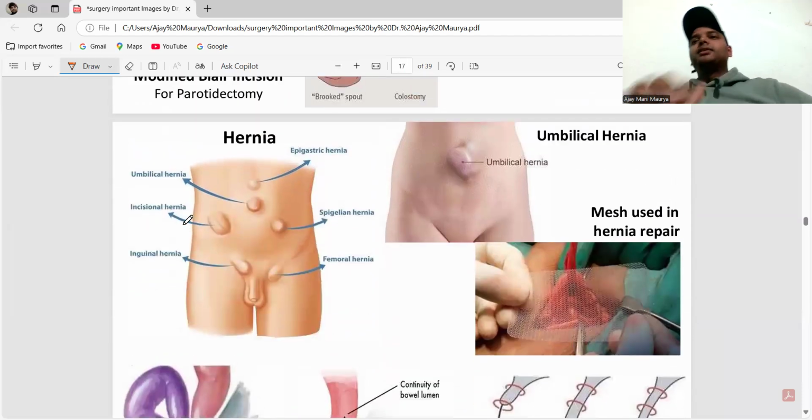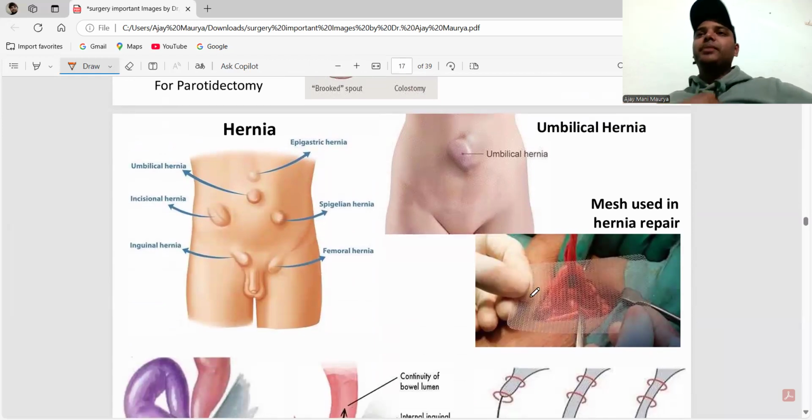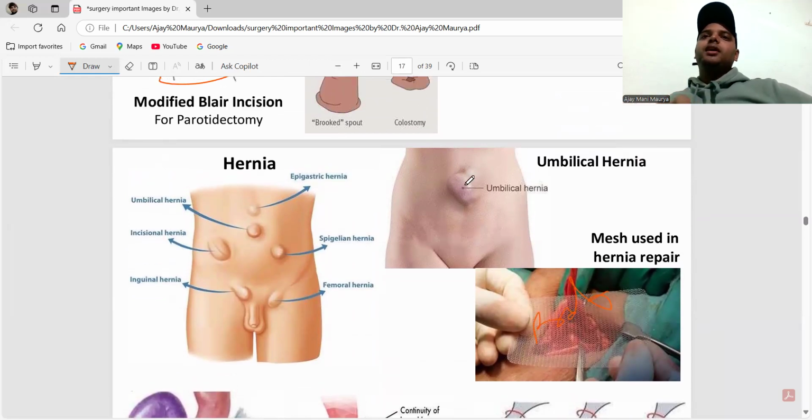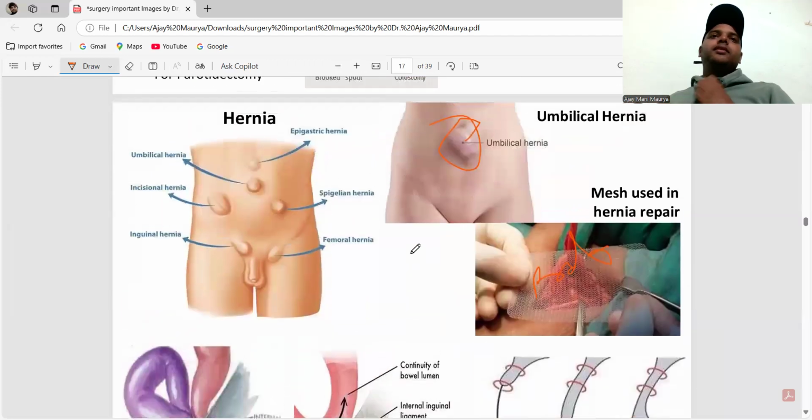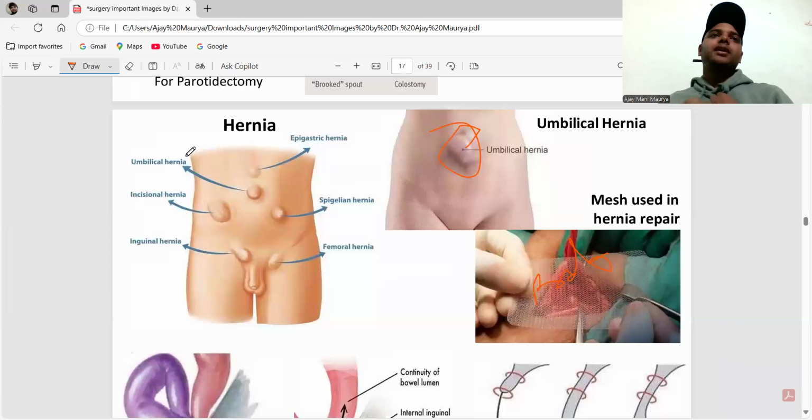Hernia, guys, remember, this is the hernia of FMGE. There is a mesh repair, this is the Prolene mesh. This is the umbilical hernia, guys. Here are different types: epigastric hernia, umbilical hernia, incisional hernia, femoral hernia, and inguinal hernia.